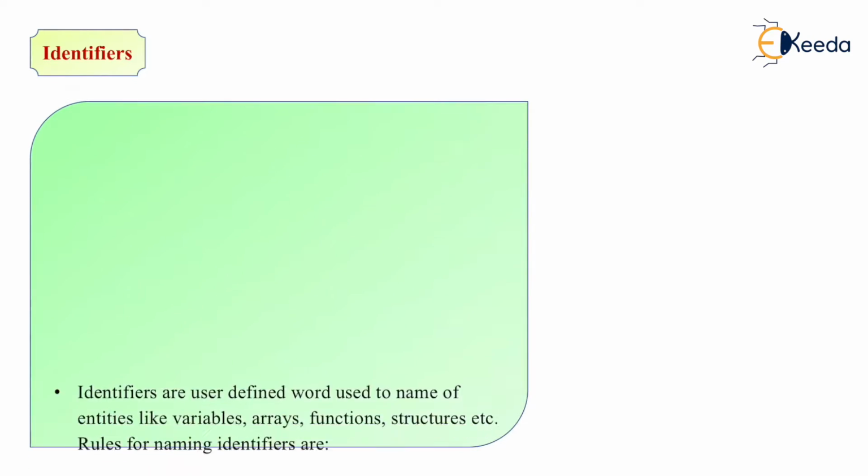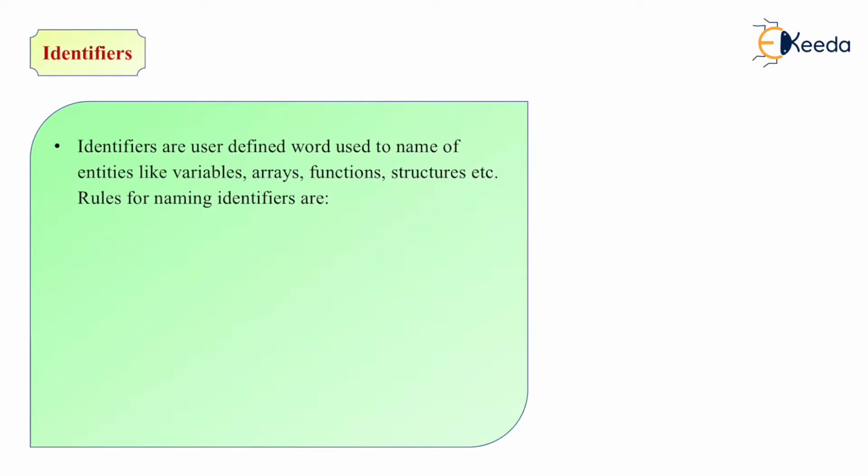Next is identifier. As the name says, an identifier is used to identify a particular data. Identifiers are user-defined words which are used to name entities.